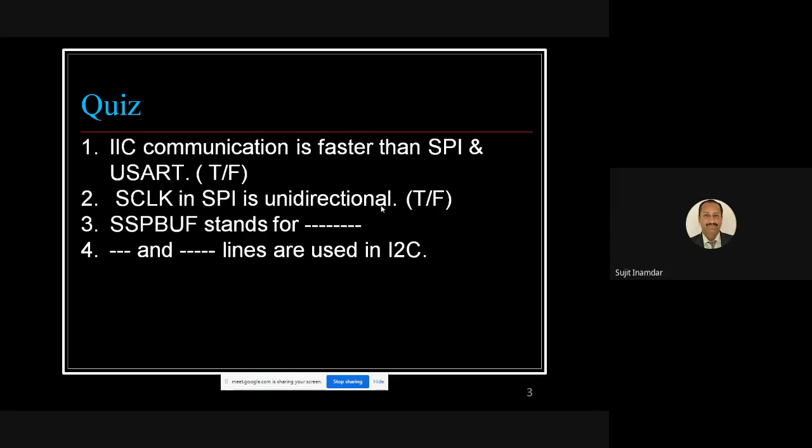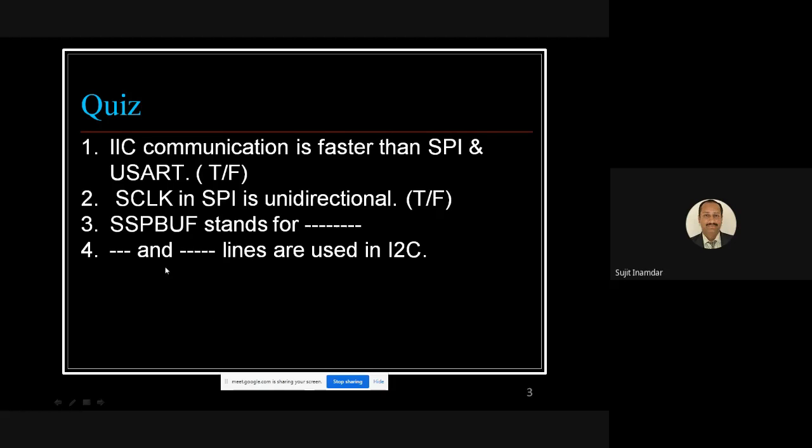Then the next one, that is the SSPBUF, the buffer for serial communication. What is the long form for that? It is expected, and it comes under control register 1 or 2. If you have noted down that particular register field, you will definitely get the respective long form for that.